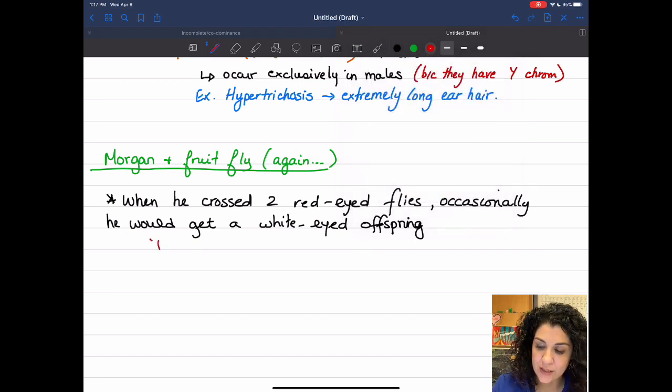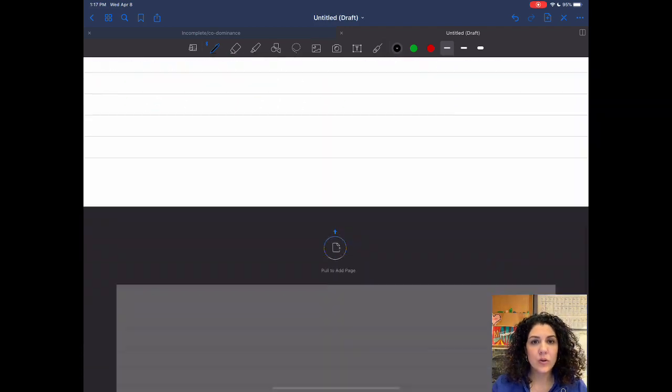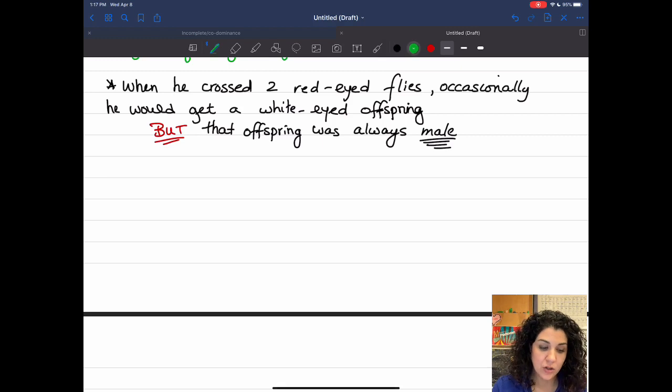But that's not what interested him, like I said. That offspring was always male. So there had to be a connection. There had to be something to connect the two, okay?